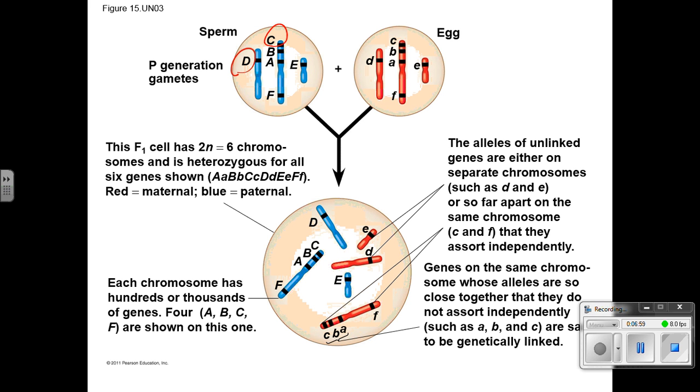They're not necessarily always going to go together in the offspring. However, these 3 are right here all together, so they're pretty much always going to go together because they're so close together. And they're on that same chromosome, and they're probably not going to do a lot of swapping during crossing over because they're so close together. The closer they are together, the less swapping over that will happen.